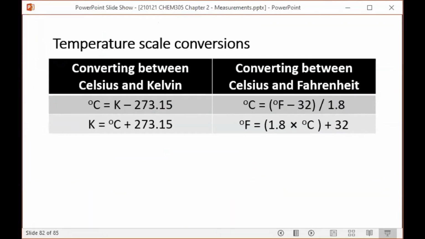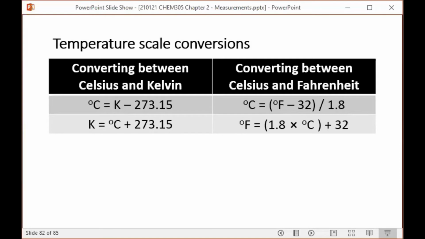So you'll be using the temperature scales and you'll be expected to be able to convert between them. So I made this handy chart to show the different conversions. If you want to convert between Celsius and Kelvin, they're both in the metric system. The only difference is where they start, right?